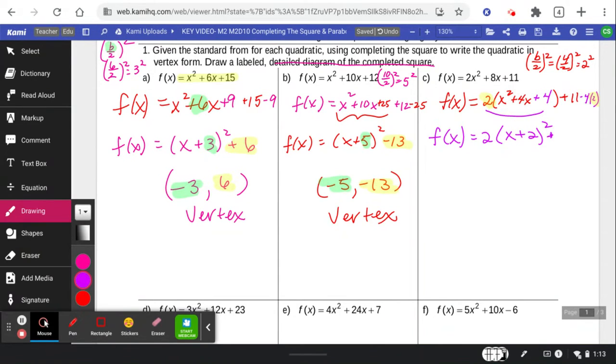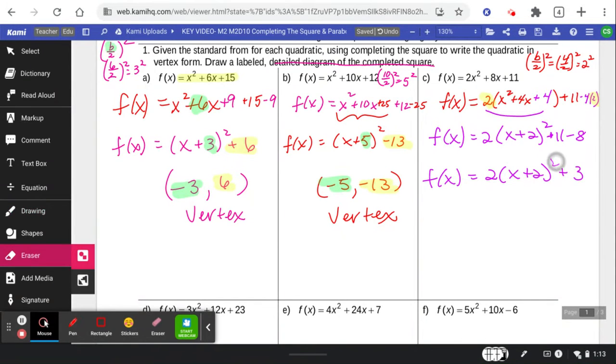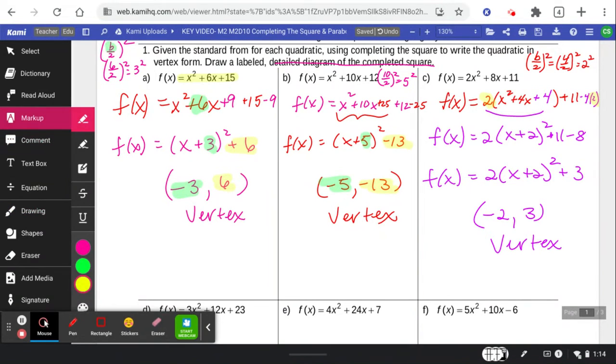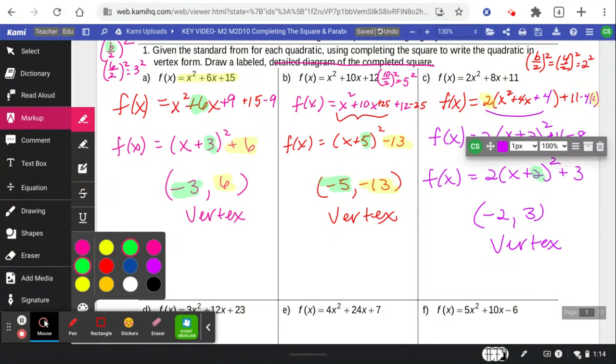And then we're going to have 11 minus 8. And so that leaves me with 3. Negative 2, 3 is my vertex, coming from right here.